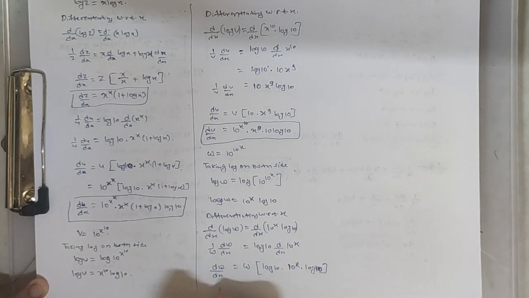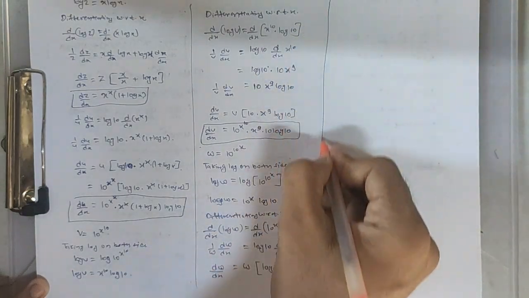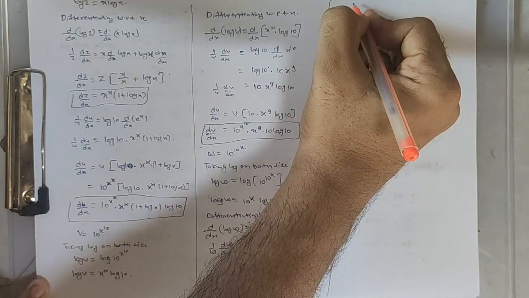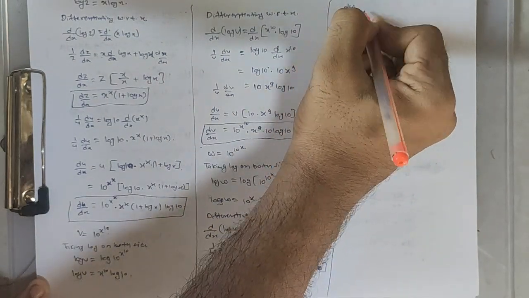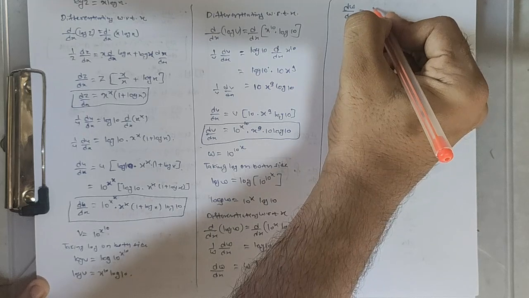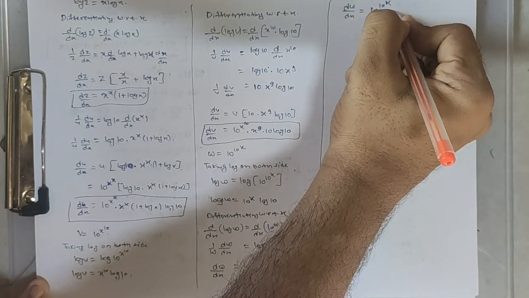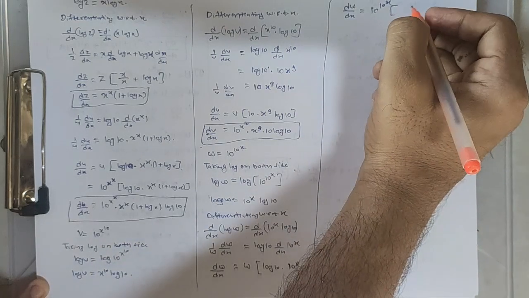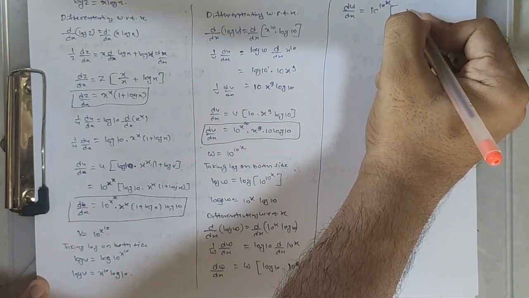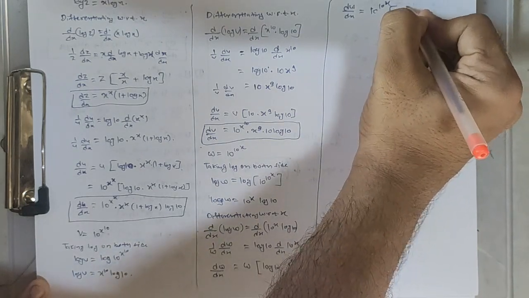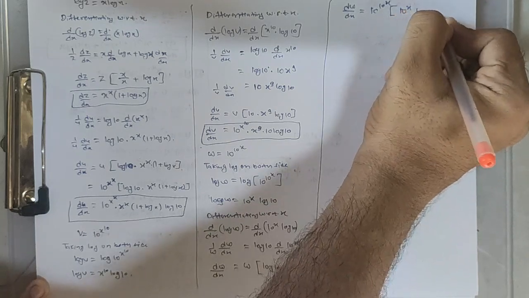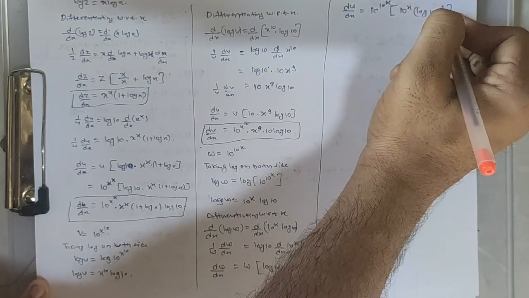So indirectly dw upon dx will be, what is w? 10 to the power 10 raised to x into 10 raised to x log 10 the whole square.